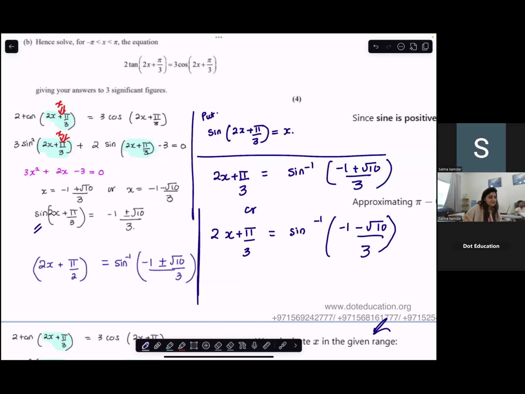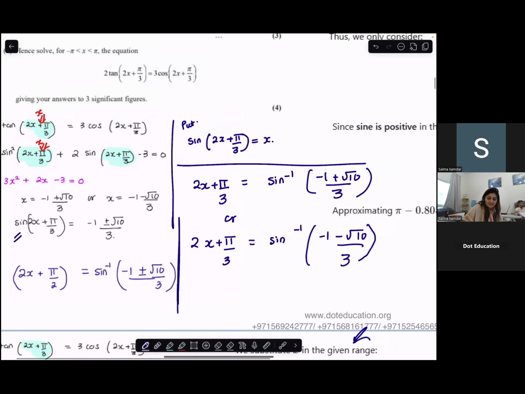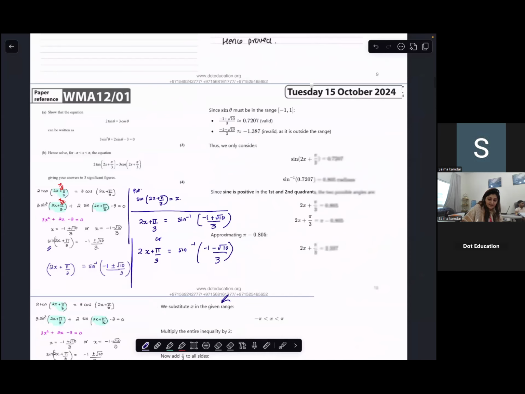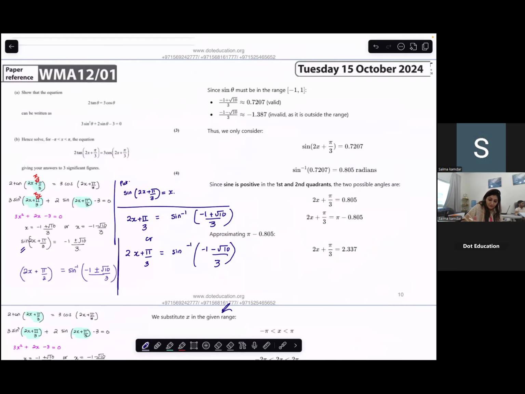Once I say this, I am getting two values. For the plus 1, I am getting 0.7207. And for the minus 1, I'm getting minus 1.387. I hope you are with me.